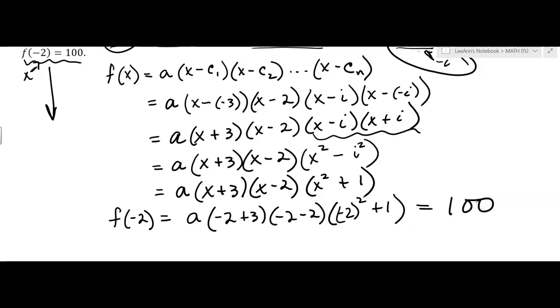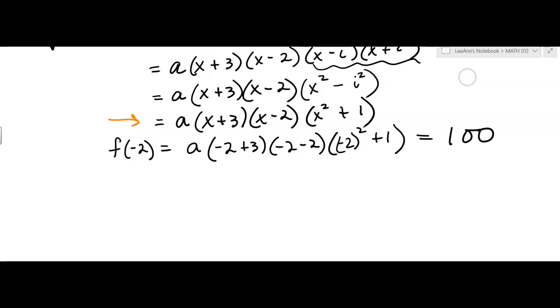So this little piece of information here is saying when x is -2, you evaluate it to get 100. So because I have the polynomial in terms of x and a, if I know x is -2, and the whole thing's going to equal 100, I can figure out what a is. All right, so I'm going to scroll up and do that.